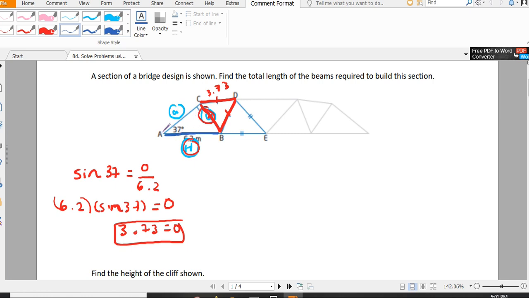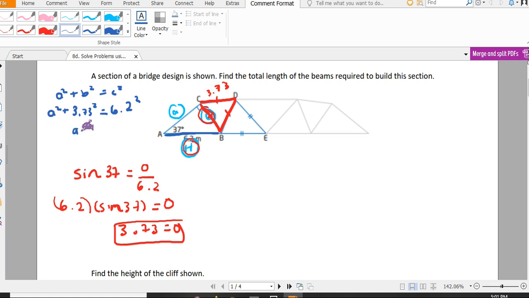Let's just call this A. So here's my right angle triangle, so I'm going to have a squared plus b squared equals c squared. Now c is always my hypotenuse, right? So it's 6.2 squared. And then this side will be my other side. It doesn't matter which one's a and b. This would be 3.73 squared, a squared.